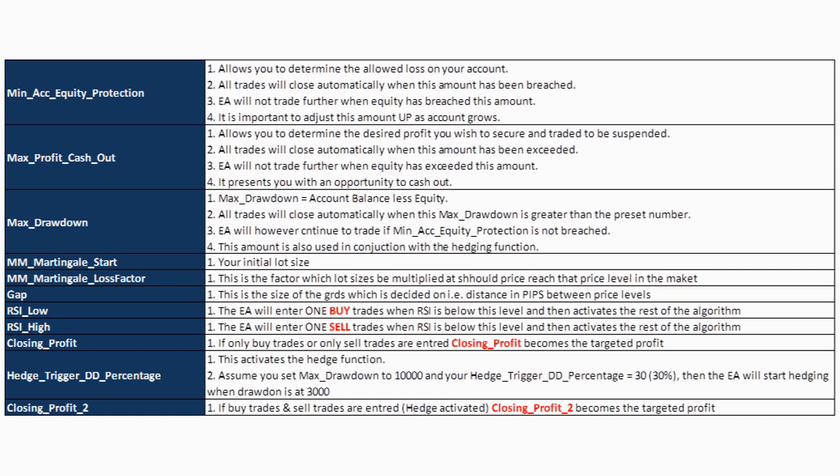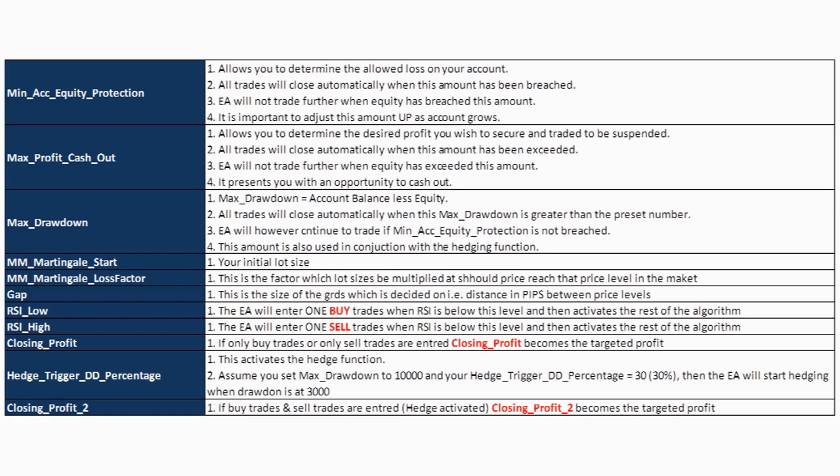And this amount is also used in conjunction with the hedging function, which I'm going to explain further down the list here. You'll see there it says hedge trigger DD percentage. I'll explain it when I get to that point, but not now. But please note that the maximum drawdown does impact the entry for hedging.